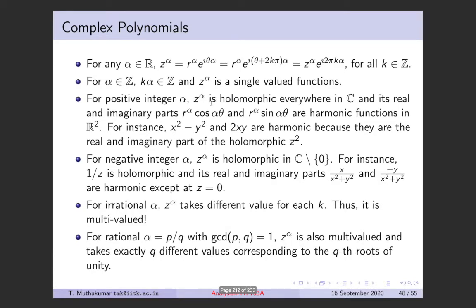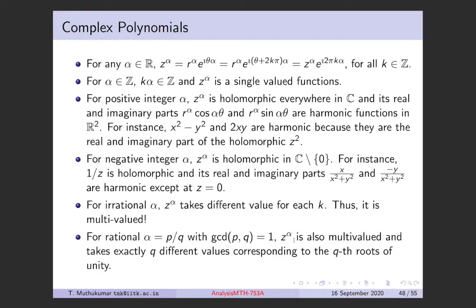When alpha is rational, of the form p by q, where both p and q are coprime, then again z^alpha is multi-valued, but this time it takes exactly a finite number of values. In fact, it takes as many values as the denominator of the rational, that is q. The p doesn't play any role, only q.